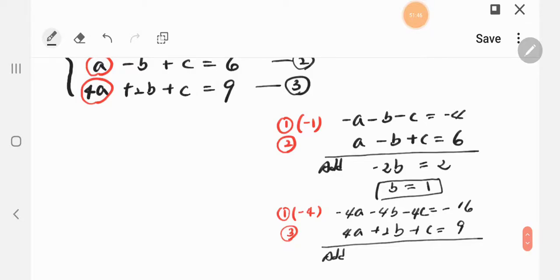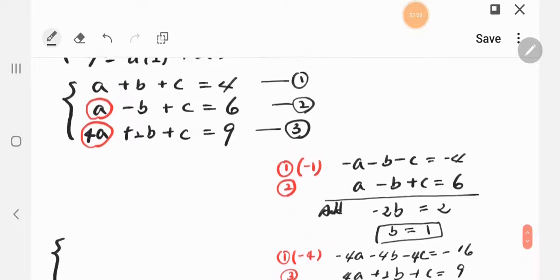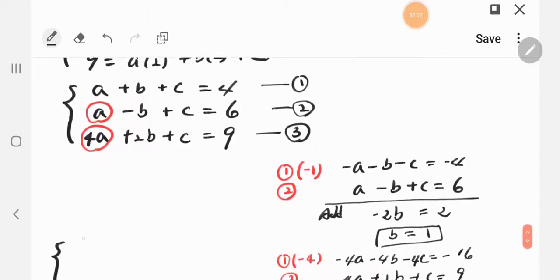All right, so when you add these two equations, then we have negative 2b minus 3c is equal to negative 7. Let's rewrite the system of equations. The first equation is unchanged: a plus b plus c is equal to 4.